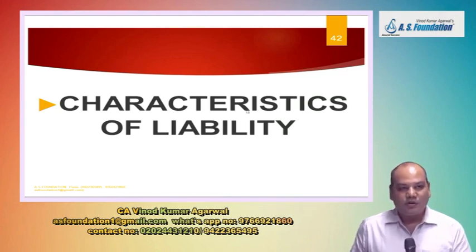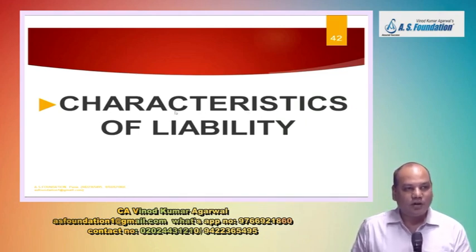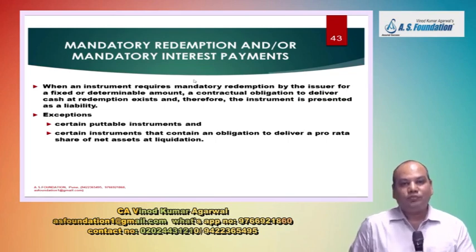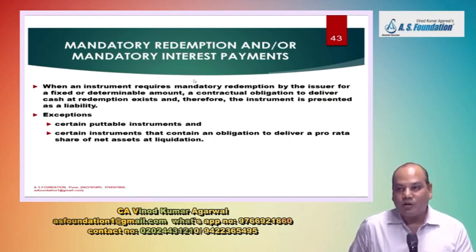Next paragraph is characteristics of liability. Mandatory redemption and or mandatory interest payment. The moment you find there is a mandatory redemption liability or a mandatory interest payment, which means the entity has no discretion whether to pay or not, then this will become a liability.